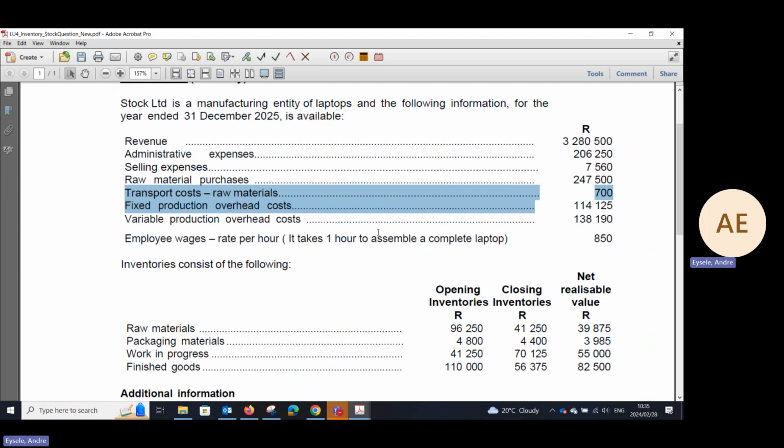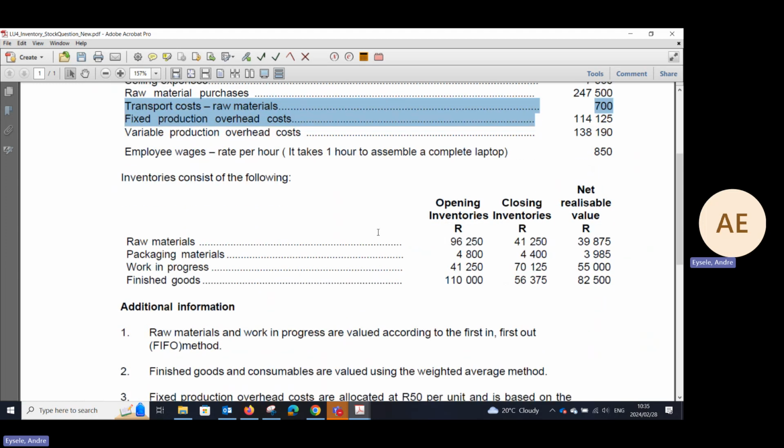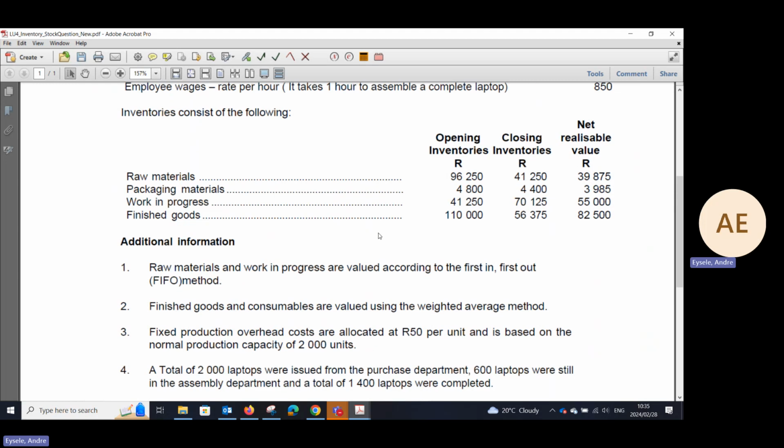That is under normal circumstances, where you can allocate production rates to these items. And that, colleagues, is when you will get over or under recovery, when we know that fixed production overhead costs are allocated to the production based on normal capacity. You will always allocate it based on normal capacity.